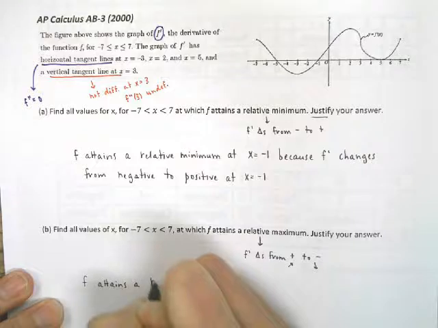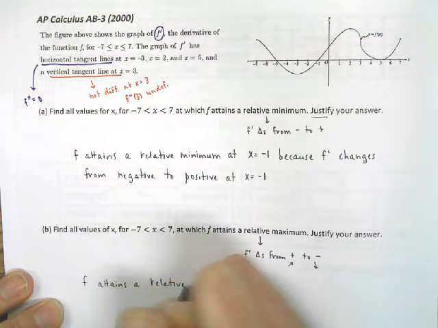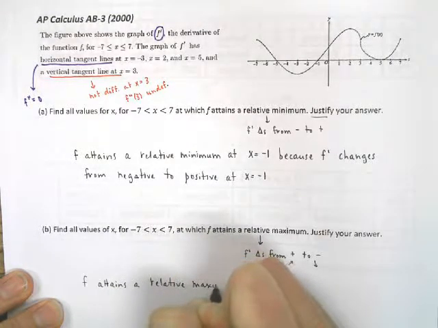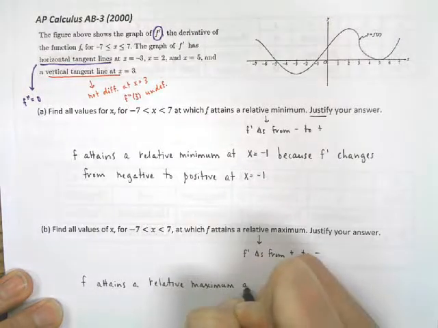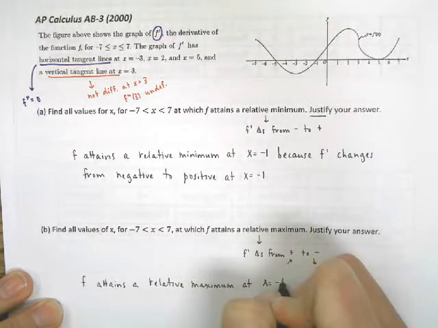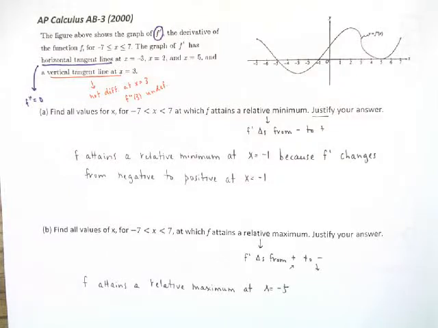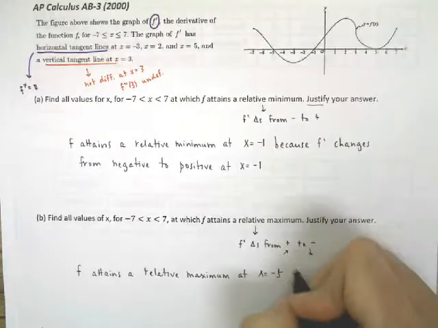So f attains a relative maximum at x equals -5. There's our location, and again, we're going to justify it using the first derivative.